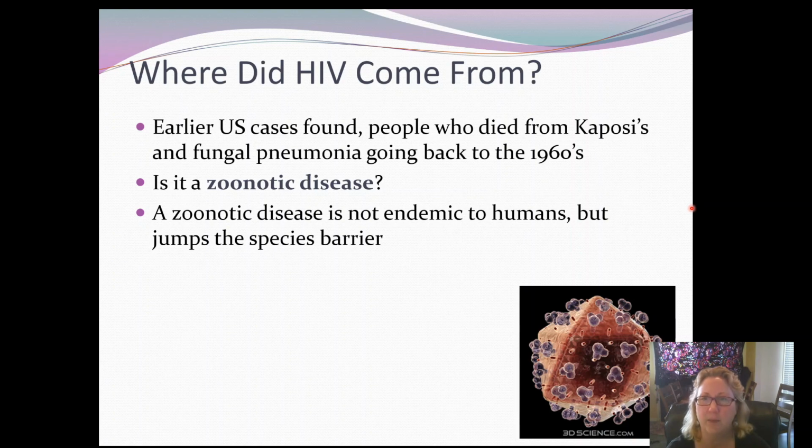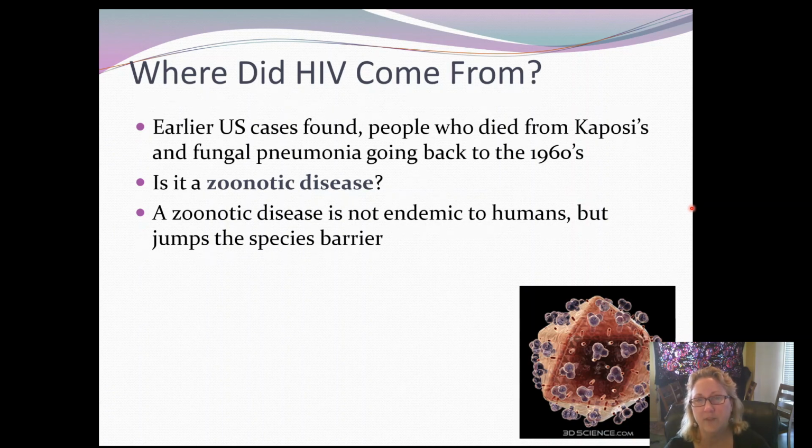Have you ever had anybody like that? And in fact, they found cases going back to the 1960s in the United States, just one here, one there, one here, one there. So this disease, AIDS, had been percolating around in the US population at extremely low numbers since the 1960s.